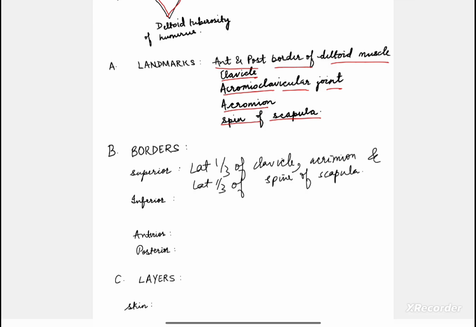Now the inferior border: if we draw a horizontal line on the lower margin of the pectoralis major muscle and latissimus dorsi muscle.